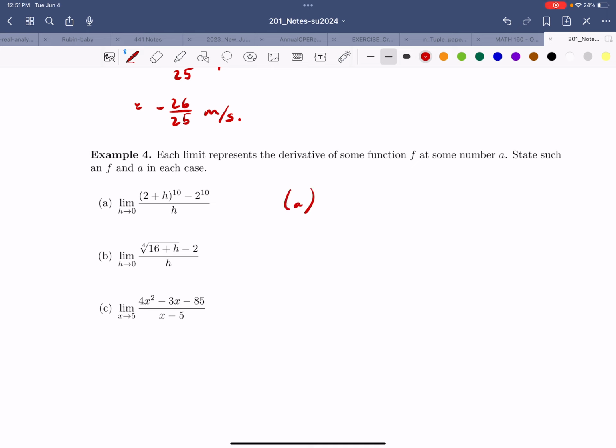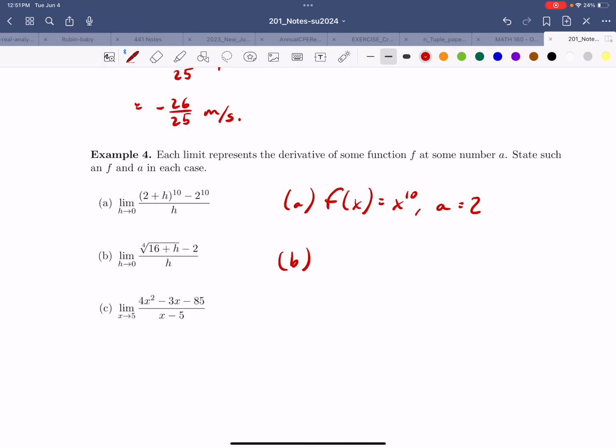So for A, f of x equals x to the 10th, and A equals 2. For part B, this is a little tricky, right?